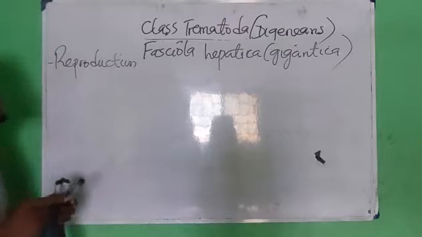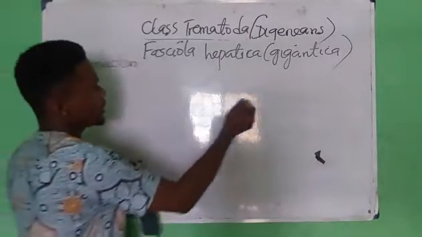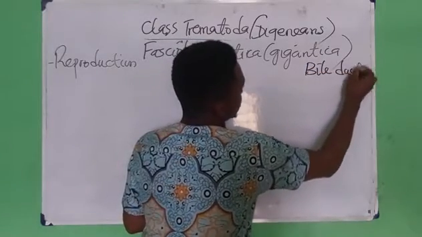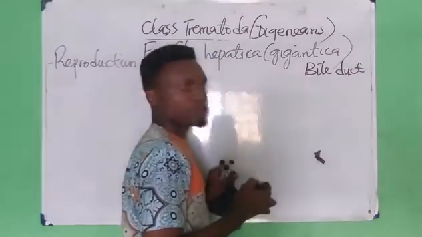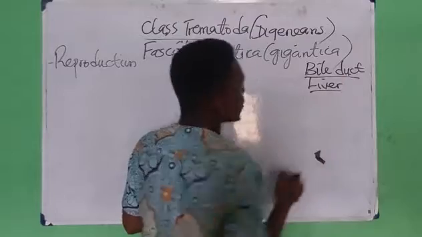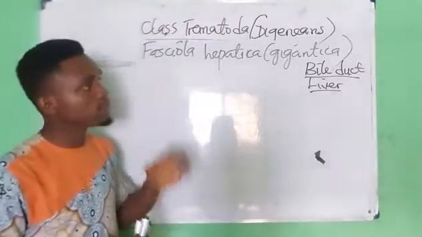Please take note that this organism is found in the bile ducts of its host. Bile duct and what? Liver. It is found in the bile ducts and the liver of its host.